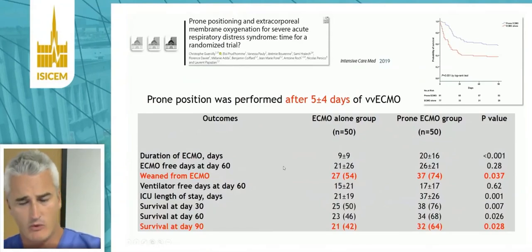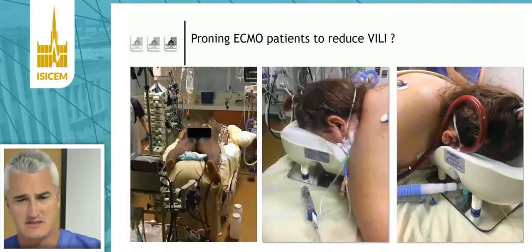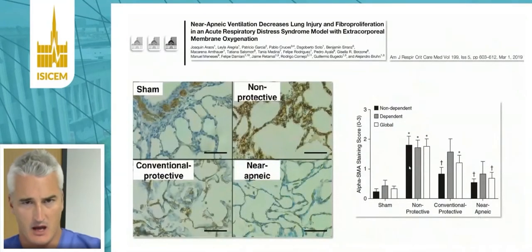And in a small retrospective study, it was associated with a signal saying that it may speed up the weaning of VV ECMO. So clearly, for now, there is no strong data to support routine prone positioning on ECMO, but clearly it's a track to follow. Future research is expected to tell if there is any benefit to proning your patient on ECMO to reduce ventilator-induced lung injury.